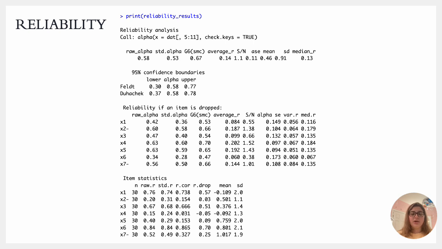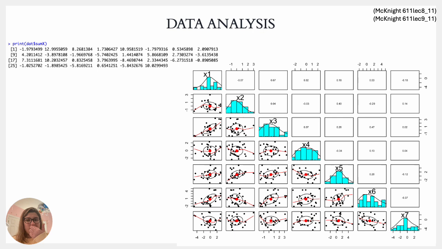and a raw R value of 0.2. So that raw R value is telling us about the correlation of each variable with the total uncorrected score. Okay. All right. So here we're calculating the sum of values across each row for the x variables.